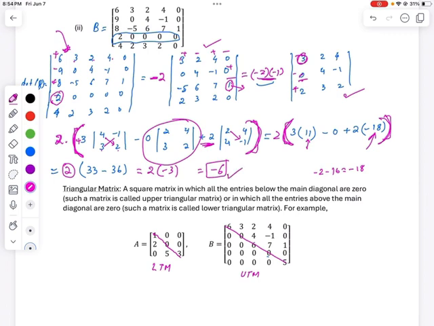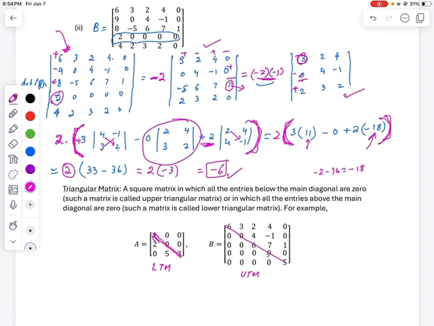Okay. Now when we have a triangular matrix or a diagonal matrix, it's very easy to calculate the determinant. You just multiply the entries in the diagonal, the main diagonal. And remember, the main diagonal we discussed before of a square matrix will be the one which goes from the A11 to the ANN.